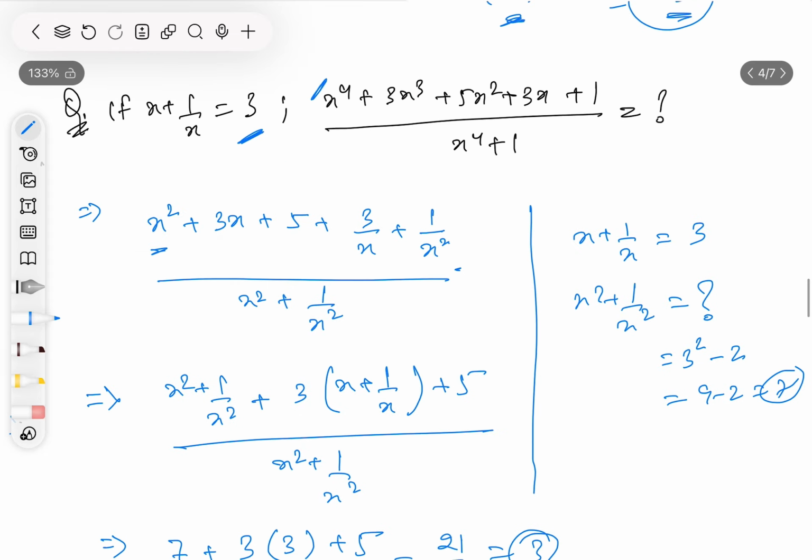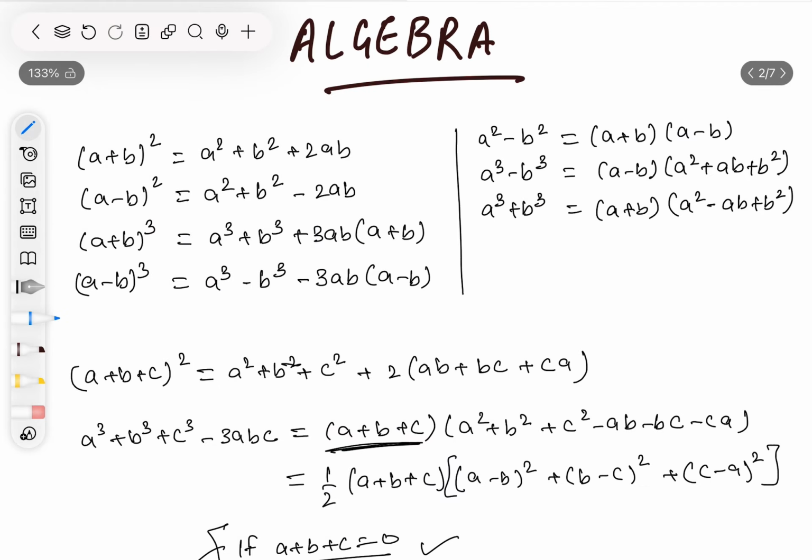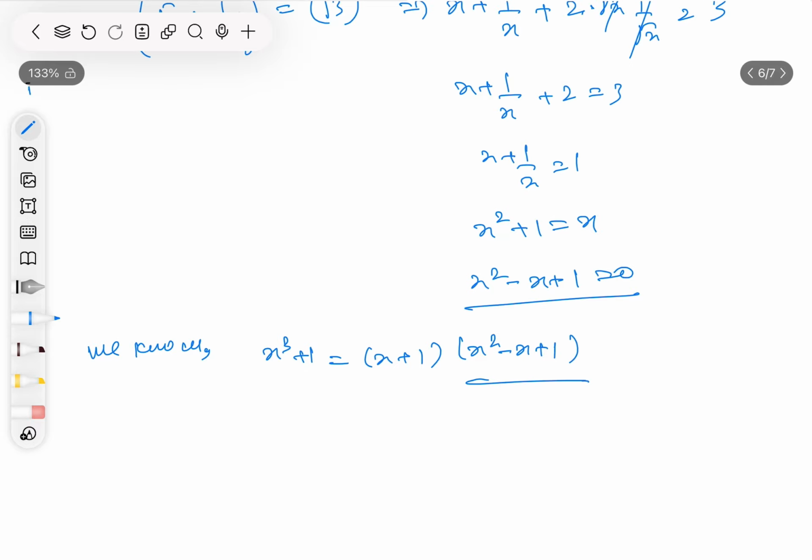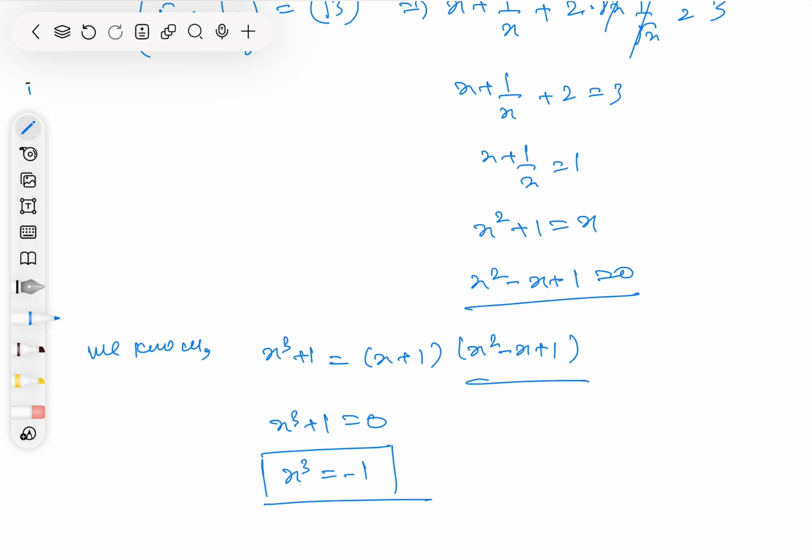In case you forgot, let's see that a cube plus b cube is equal to a plus b multiplied by a square minus ab plus b square. So now this is 0. So x cube plus 1 will be x plus 1 multiplied by 0. So that is 0. So x cube is equal to minus 1. And there is your relation.